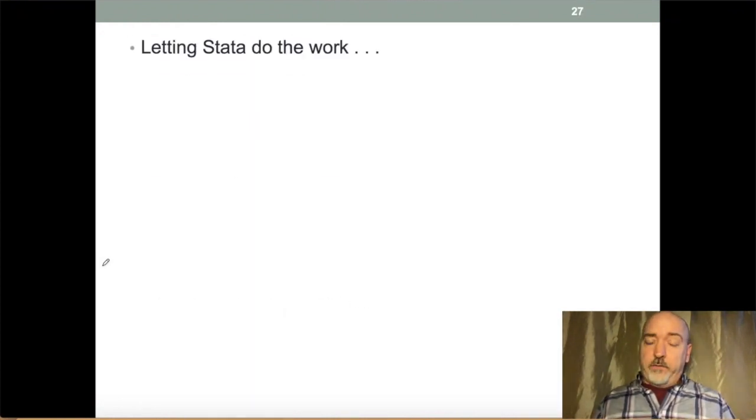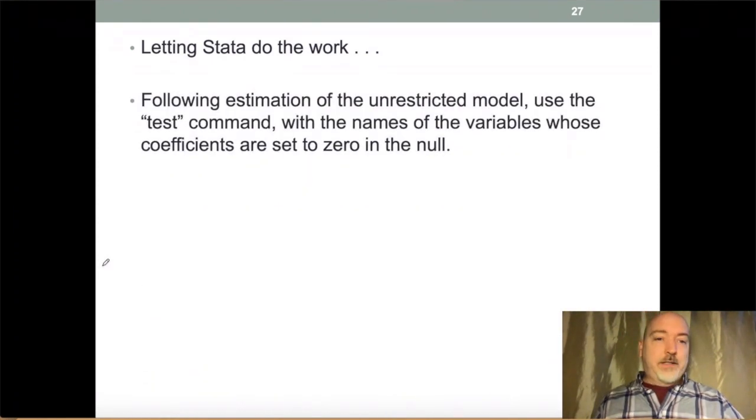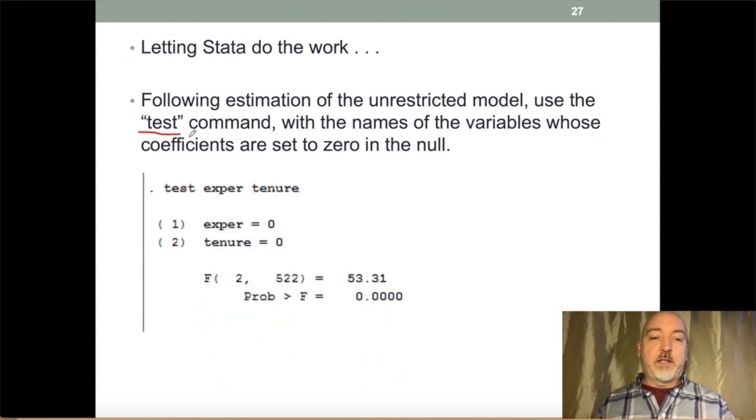In real life, right, when you're walking through problem sets or doing your project, Stata will do all of this for us. Okay, so there is a post-estimation command, conveniently called the test command, that will apply this F-test to the null that we specify. Again, Stata can't do this automatically. We have to tell it which coefficients we want to set to 0.